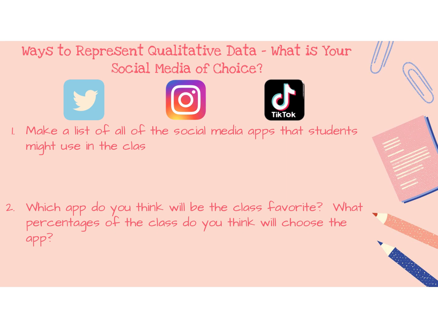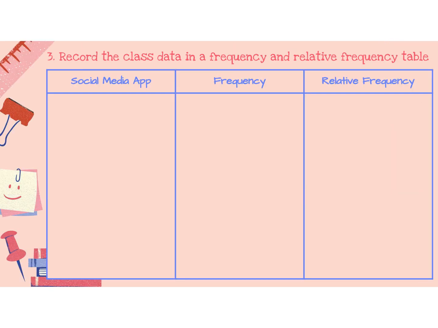So we're going to look at ways to represent qualitative data. What is your favorite social media choice? So in class, we made a list of some of what the favorite apps might be, took a guess of what might be your favorite. And so here's sample data.